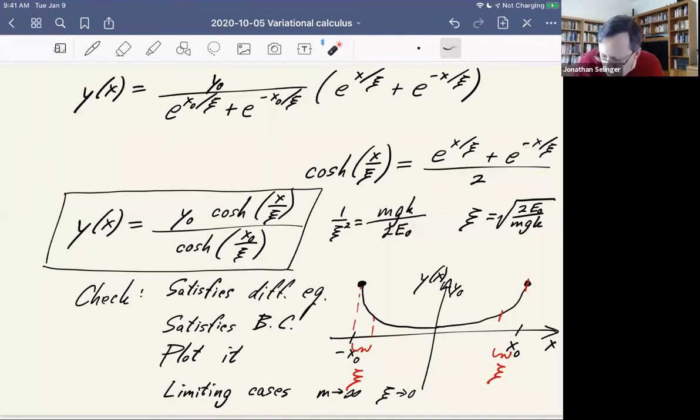What about for a really light sled? If m goes to 0, then m is in the denominator there, so psi goes to infinity. If psi goes to infinity, then that tells us that you don't drop down quickly.